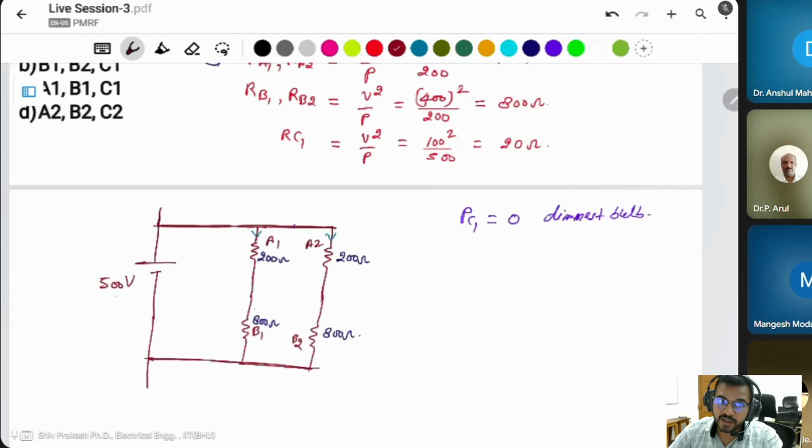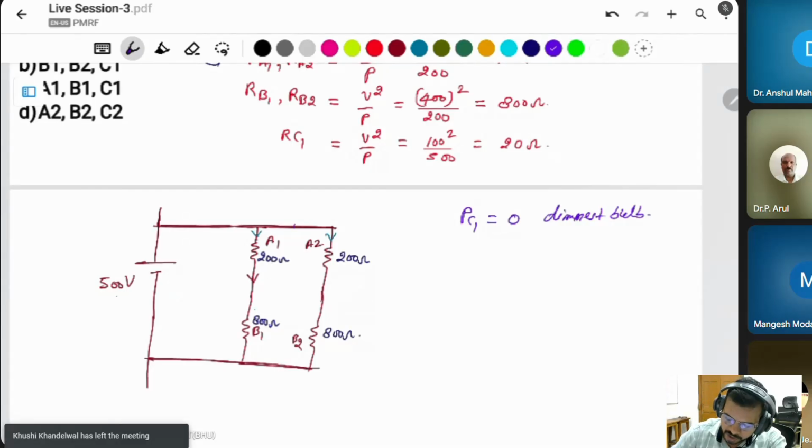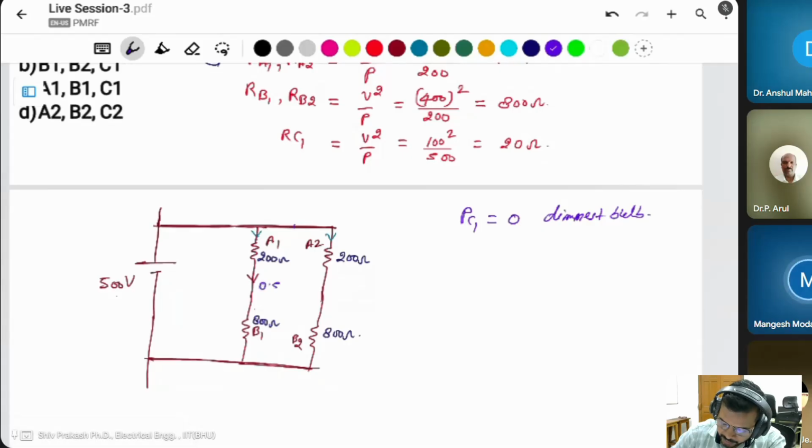The current is V by R. V is 500 volt, R is 800 plus 200, which is 1000. 500 divided by 1000 will be 0.5 ampere. This is also 0.5 ampere. Then simply the current is there.